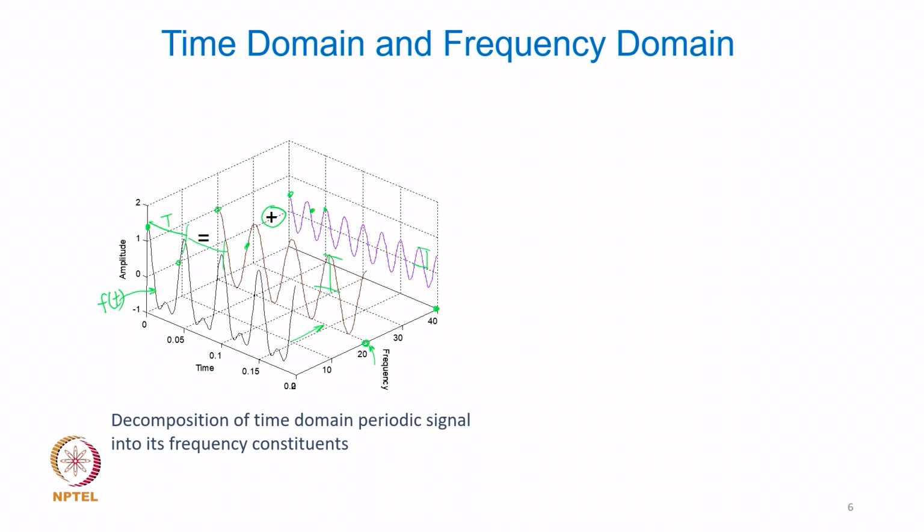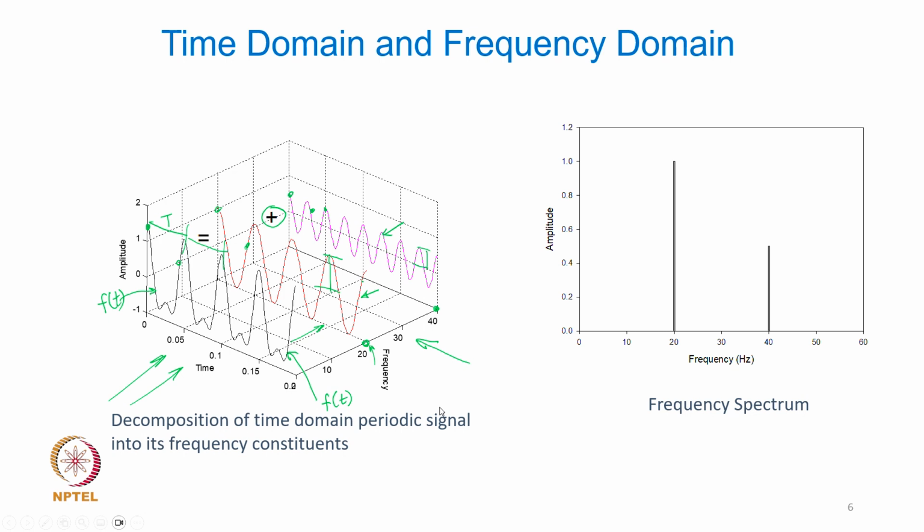Now, if you look at these two constituents added up, from the time axis orientation, you get a time domain function f of t, f as a function of time. But if you see this decomposition from the frequency axis, you get what is known as the frequency spectrum of the same signal.